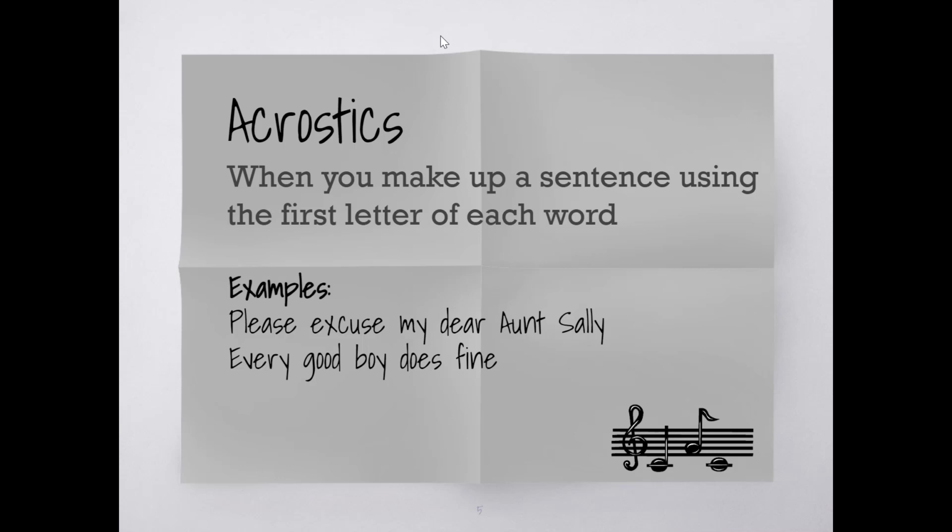That's the same as our acronym PEMDAS, right? Do you guys know this one? Every good boy does fine. That has to do with music notes, right? Maybe those of you who are musically inclined might remember learning this sort of acrostic, or a sentence to help you remember the order of the notes.